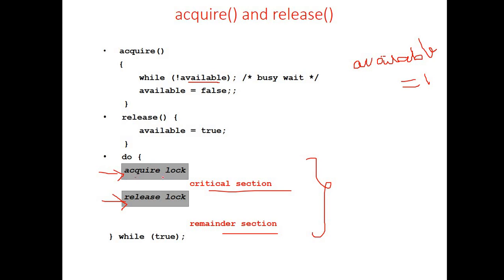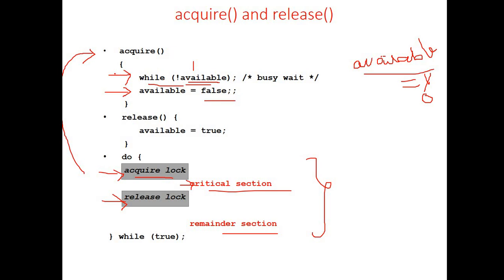When it wants to acquire the lock, it calls the acquire function. In this acquire function, the process will check the availability of the resource lock. If the resource lock is available, then it makes the availability of the resource false and then enters into the critical section. If the resource is not available, that means the lock variable is 0, the negation of 0 becomes 1, the while condition becomes true, and the process will be blocked in this while loop.